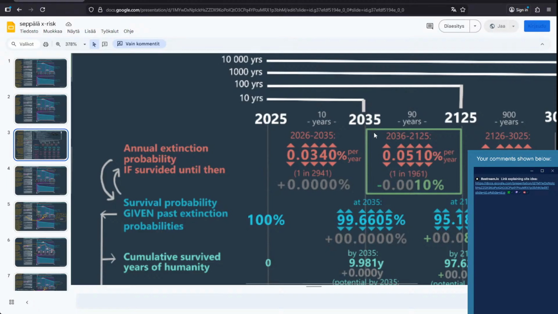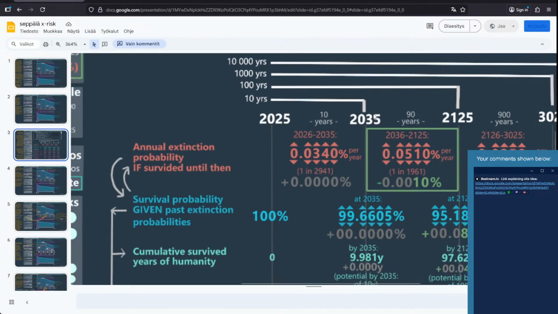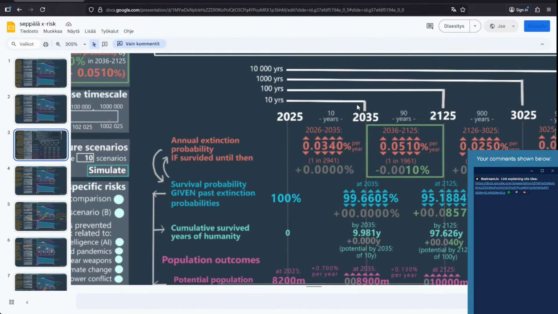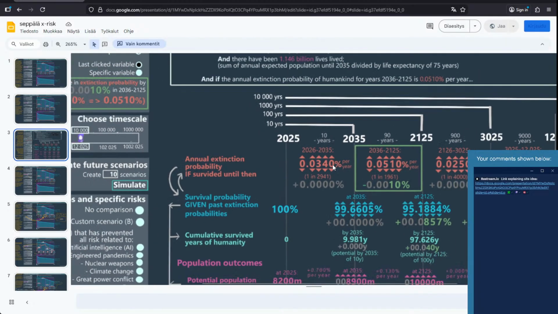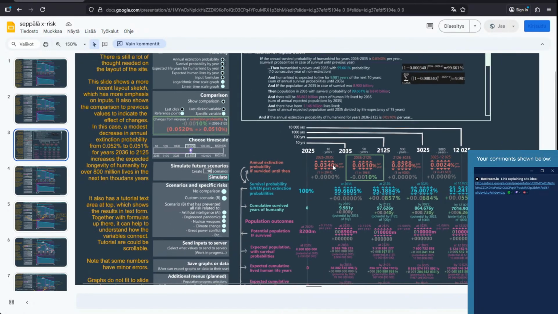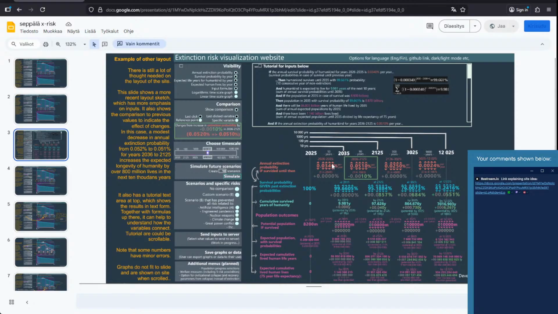And if you have several zeros after the dot, it gets hard to grasp the idea, and I think it's a lot easier with this 1 in something kind of thing. So I'm gonna show you how I want to move in that direction.